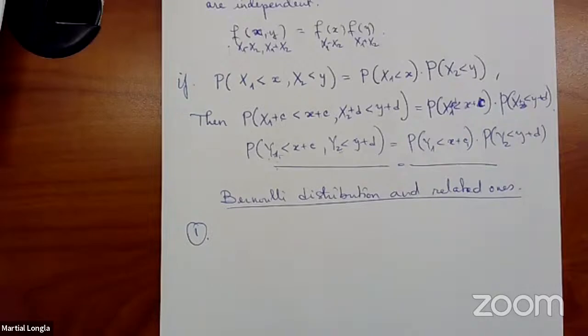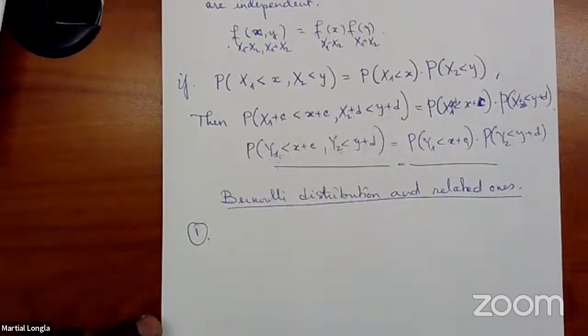What do we call a Bernoulli random variable? It's a random variable that has two values, 1 and 0, with probability of 1 equal to P and probability of 0 equal to Q. 1 is regularly assigned to what we call success and 0 to what we call failure.